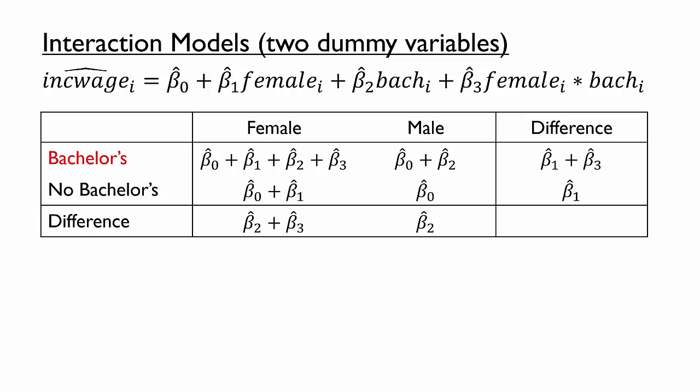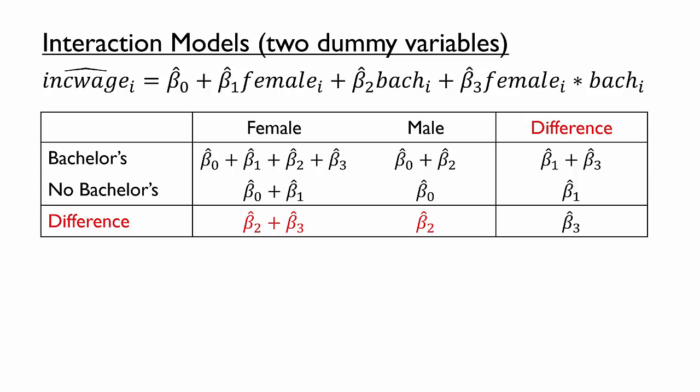Finally, note there is one remaining cell at the bottom right of the table. We have predicted the additional earnings associated with the bachelor's degree for women and also for men. How much does this earnings boost differ between women and men? Subtracting the two, we can see that the answer is beta 3 hat.